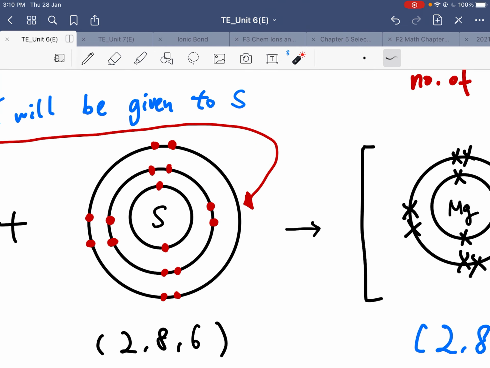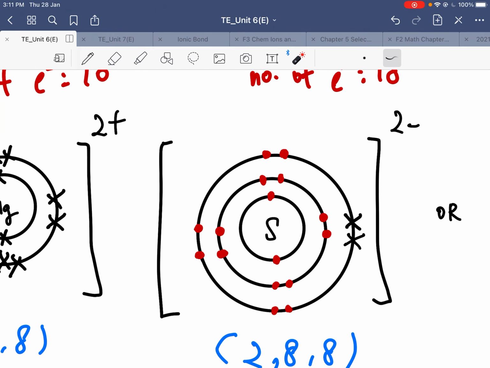On the other hand, you have a sulfur atom, atomic number 16, so it has 16 electrons. But every atom wants to attain an octet structure, so the sulfur atom needs 2 more electrons. After receiving 2 electrons, maybe from magnesium, the electronic arrangement becomes 2,8,8.